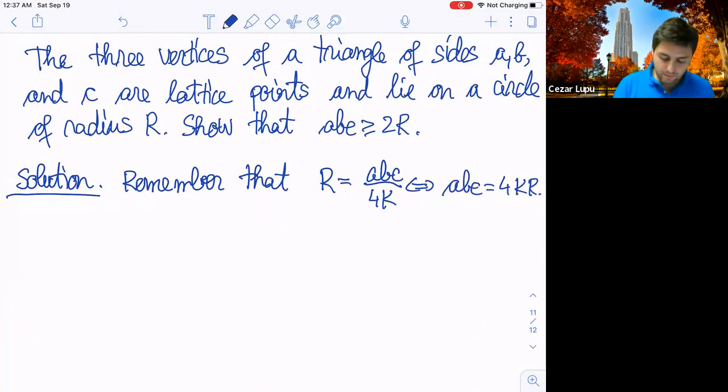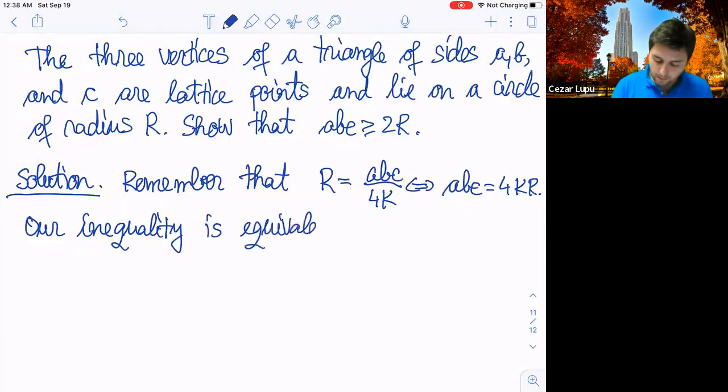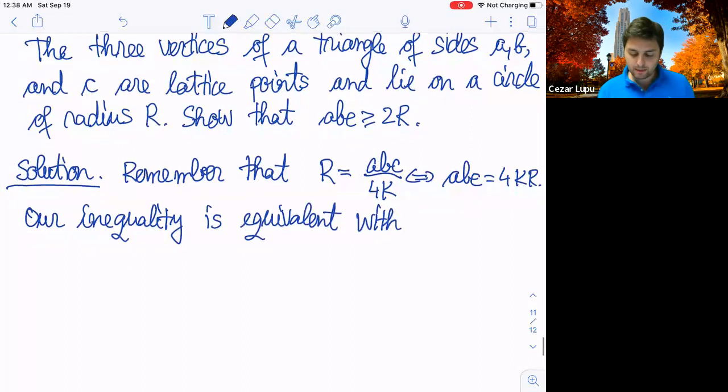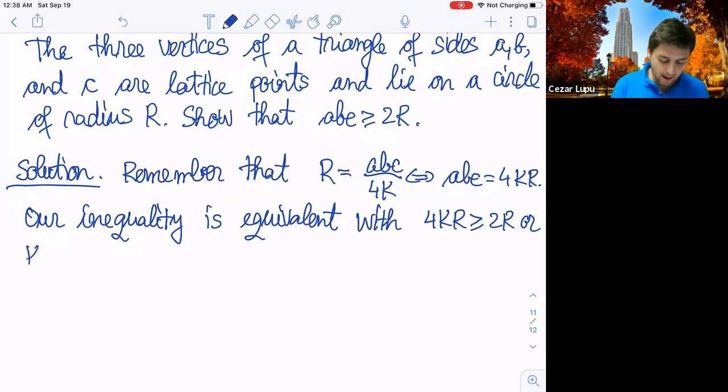So our inequality is equivalent with what? With 4kr greater or equal than 2r, or you can say that k is greater or equal than 1/2.